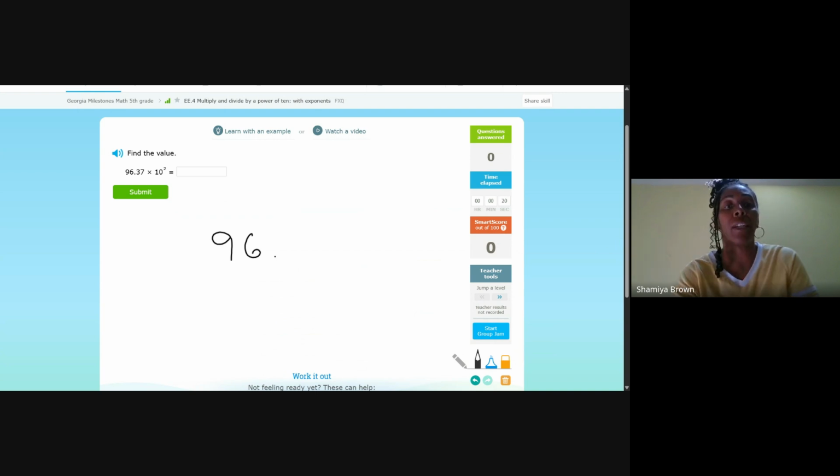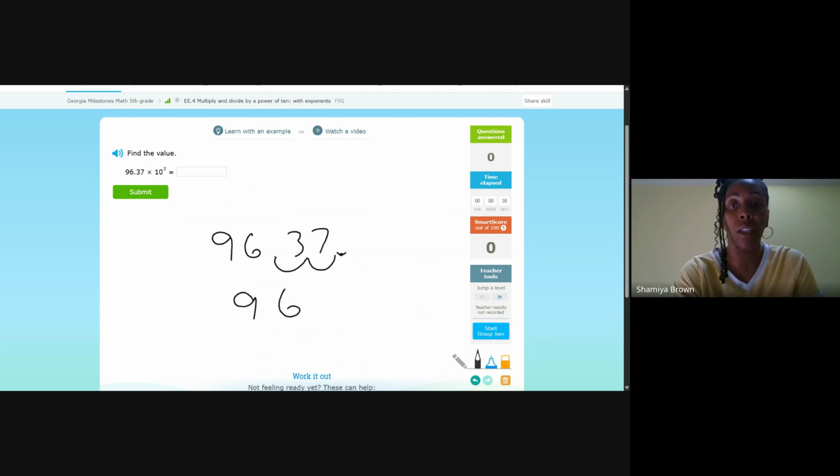Oh, 96 and 3,700 times 10 to the second power. So I'm moving over 2 places basically. So I'm going to move my decimal over 2 times. So it's going to make my decimal be at the end. So my number is basically going to be 9,637. Don't have a decimal anymore.